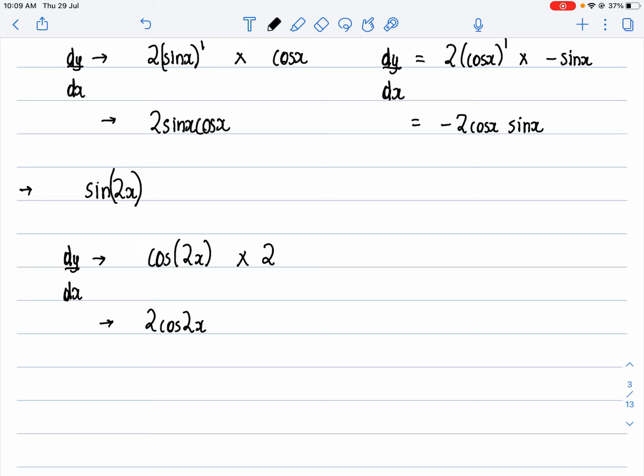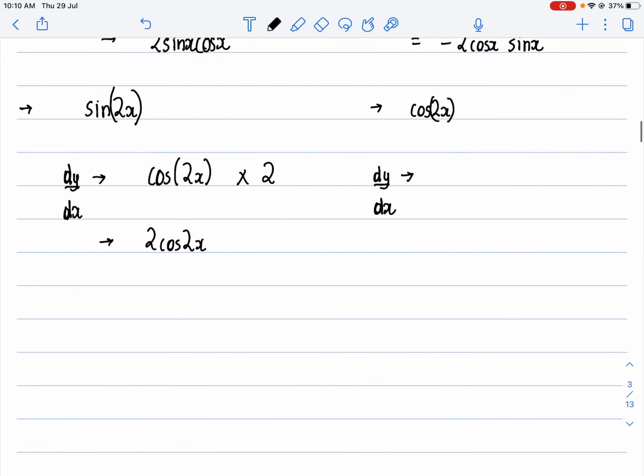Now, let's do another example. If I have something like cos 2x, you can pause the video and try this. So first the outer function, which is the differentiation of cos. What is the differentiation of cos? Simply minus sine.